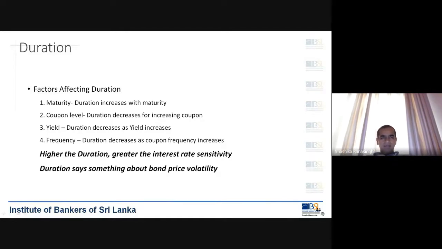Go back to this example. Small twist, this is semi-annual, whereas all the others are annual coupons.